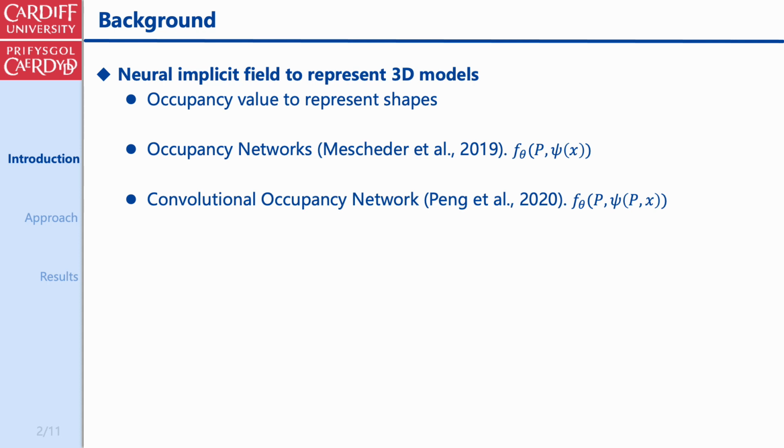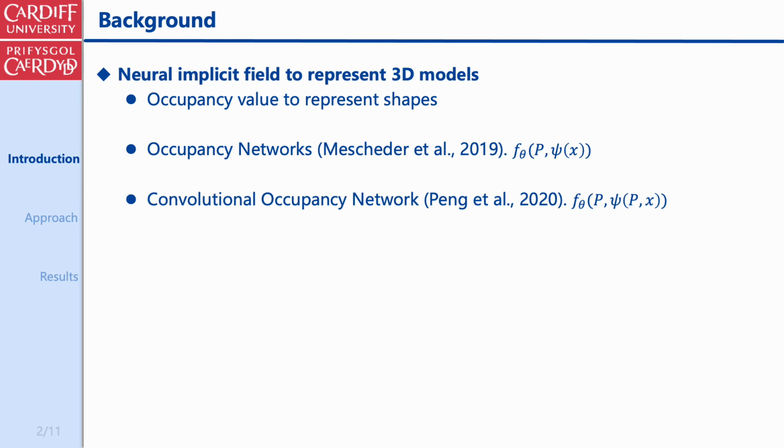This query point can be anywhere you like, but the network will output the occupancy value. The network will take the query point's coordinate and the extracted feature vector from the input point cloud.